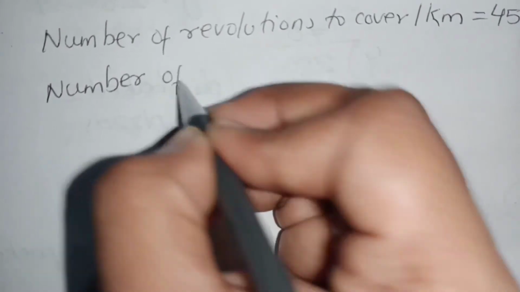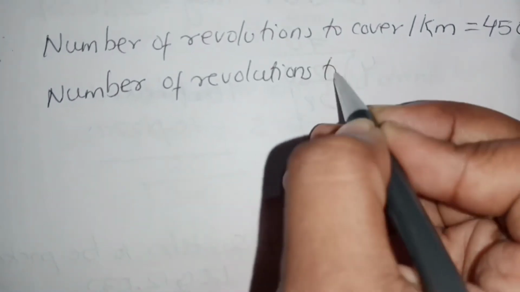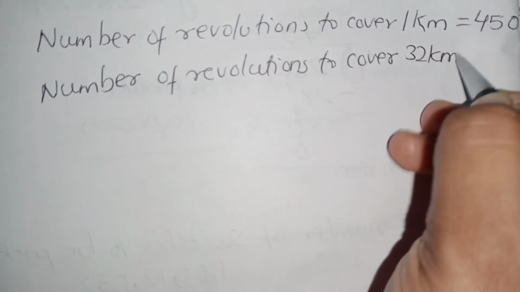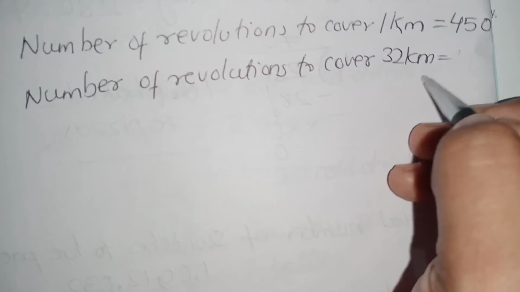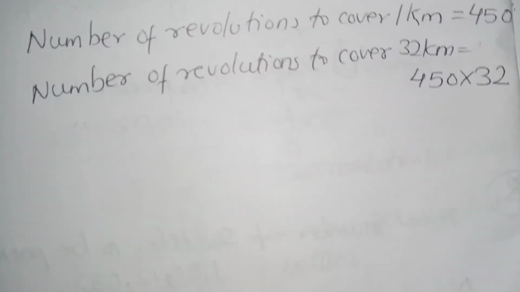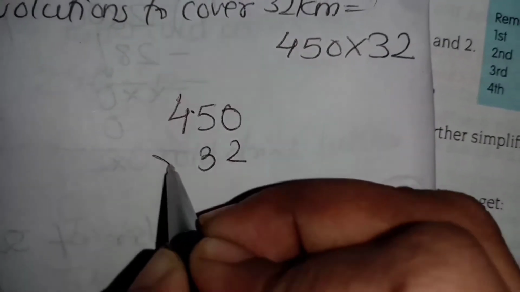Number of revolutions to cover 32 kilometers equals how much? What do you do? Multiply 450 into 32. Okay, so now let's multiply. 450, and on this side we will write 32.